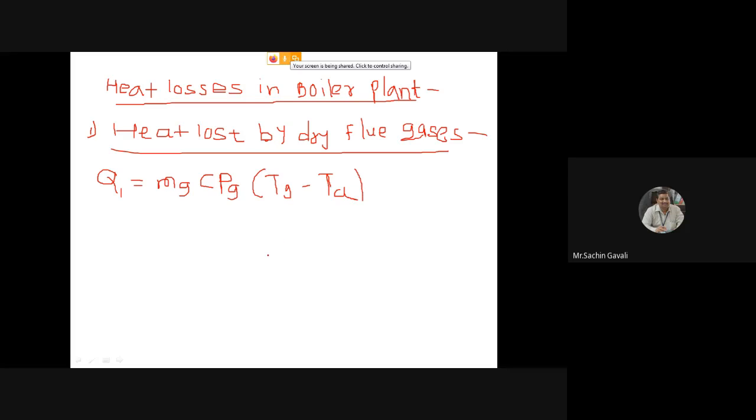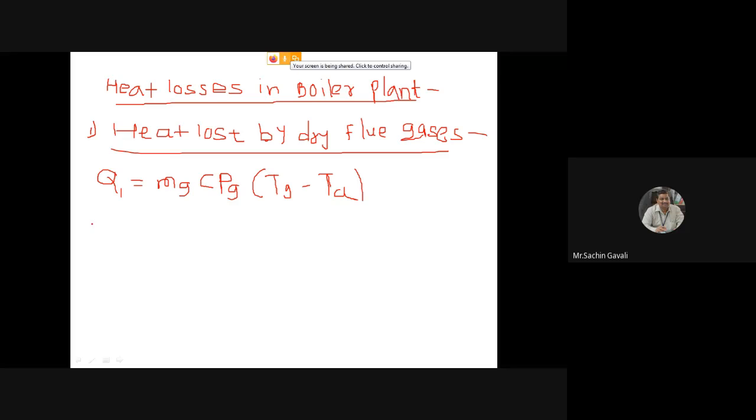What is the formula? Q1 is equal to mg Cpg into bracket Tg minus Ta.